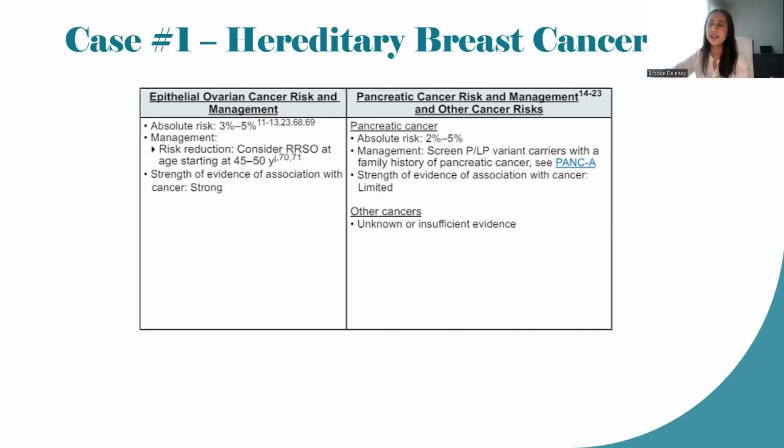Genetics is definitely not a stagnant field, constantly learning so much about genetic mutations, even those that have been discovered years ago. And so wanting to make sure that if you have any sort of inclination to check in about genetic mutations, if you are identified to test positive, you check in with your genetics providers as they would be the most up to date about current cancer associations and risks associated.